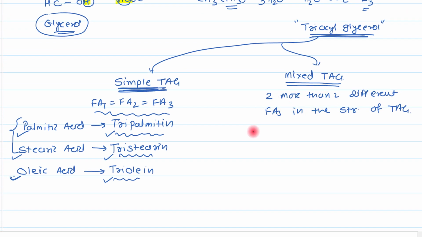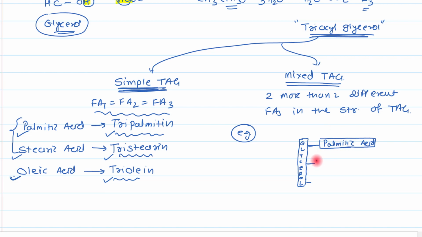So let me first draw one example structure, so our understanding becomes easier. Suppose this is a glycerol chain, which is 3 carbon, we know that. Suppose on the first carbon you have palmitic acid attached by ester linkage.